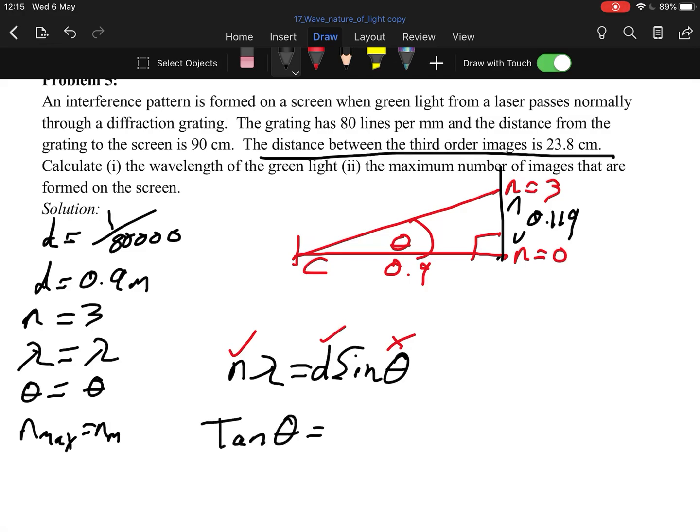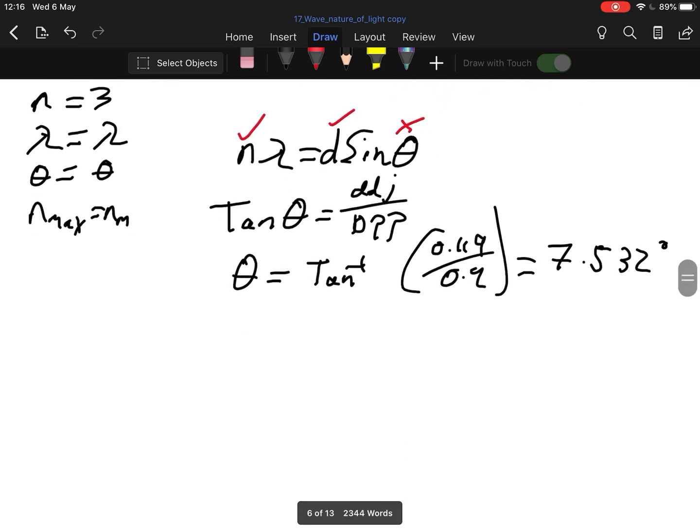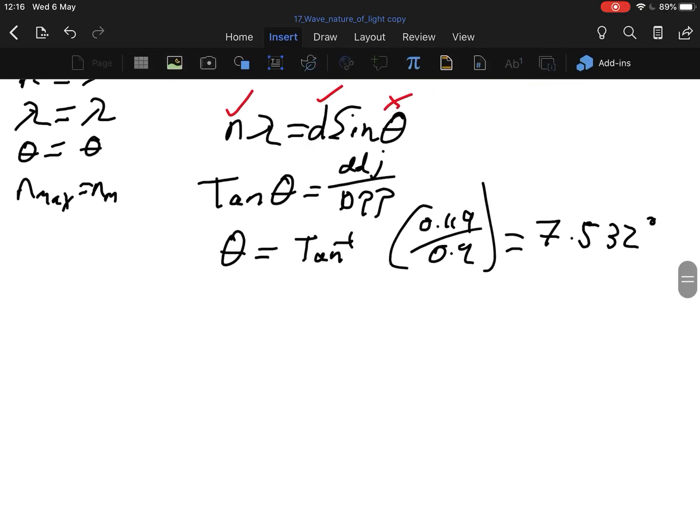So again, tan theta equals the opposite over the adjacent. So theta equals the tan inverse of 0.119 over 0.9. So my angle here is going to be 7.532 degrees. So now we can solve that, can't we?